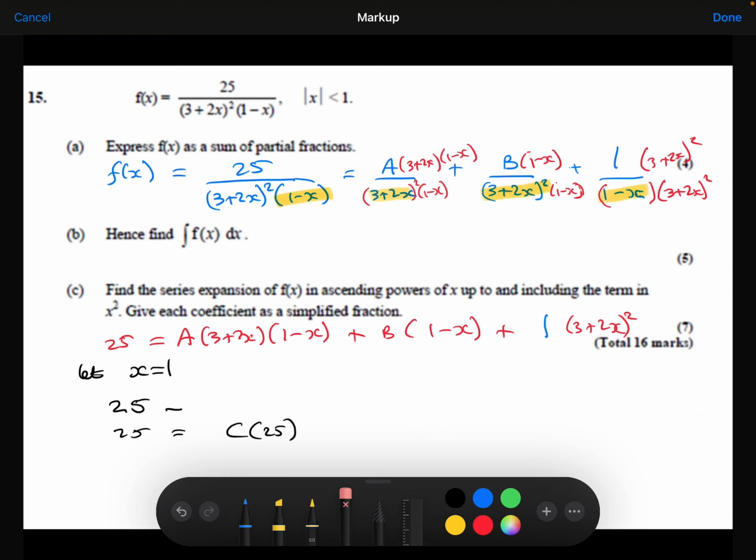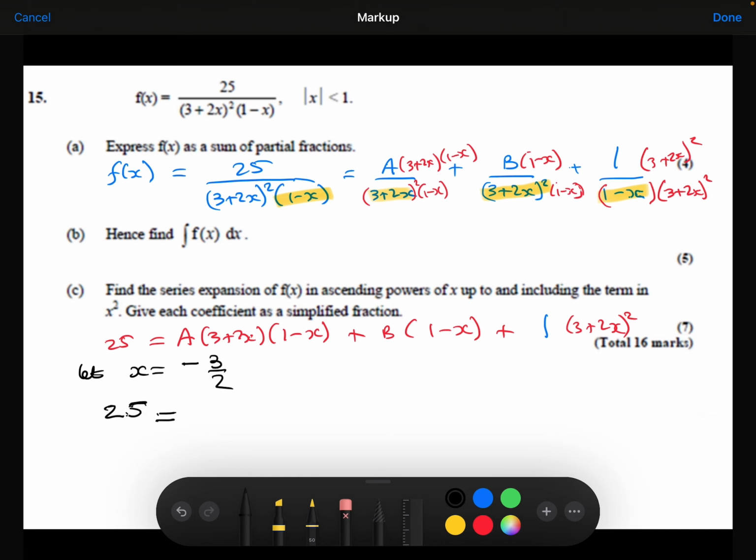Right, the next substitution I'm going to pick is going to be that x is equal to minus 3 over 2. The reason that I've picked that is because that's going to make this term be 0 and this term be 0, and allow me to work out the b term. So left-hand side will just be 25.